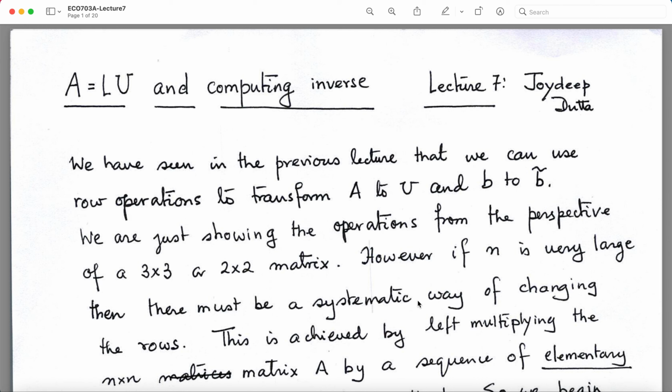Suppose I want to replace in the actual matrix A row 2 by multiplying row 1 by some number alpha and adding it to row 2, and that would become the new row 2 of the matrix A. What I do is take the identity matrix and do the same operation on it. The identity matrix being a diagonal matrix, except the diagonal all entries are 0 and every diagonal entry is 1, it's very simple to do.